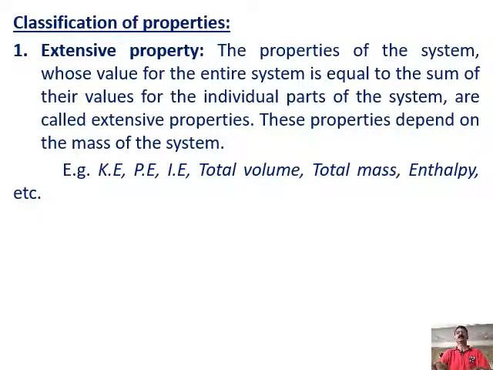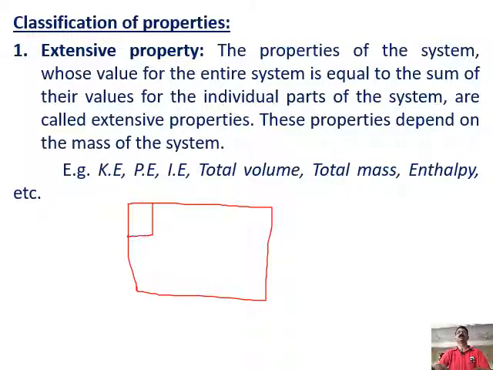Now let me take an example here. Suppose you consider this box as the system. Now let me take volume, or I'll split this into different compartments like this, right? Some number of compartments, here 6 compartments. Now the volume of this compartment is V1 and the volume of this compartment is V2 and so on, V3, V4, V5 and V6.